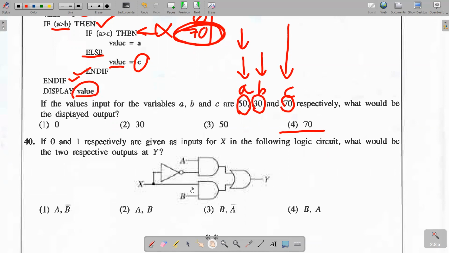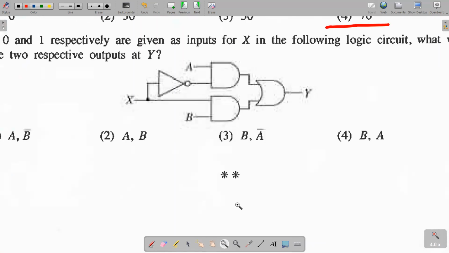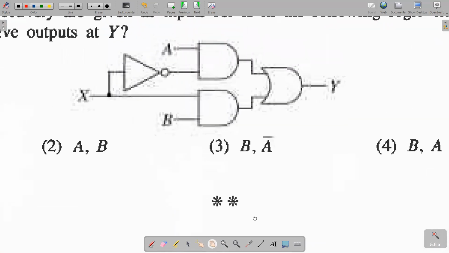Yeah. So when you're dealing with something like this, be very careful, because there are many simple ways of doing it. Let me draw the circuit. So this indicates X, this indicates Y. So this is a NOT gate.